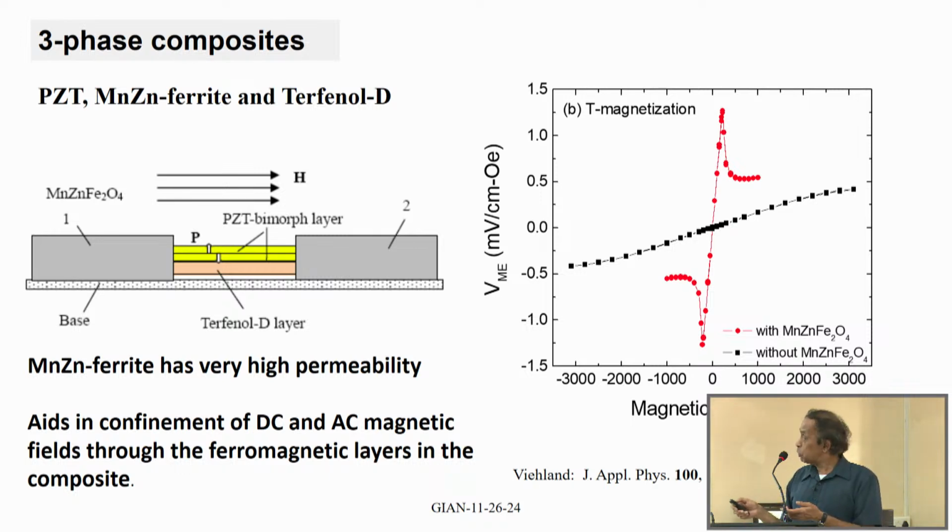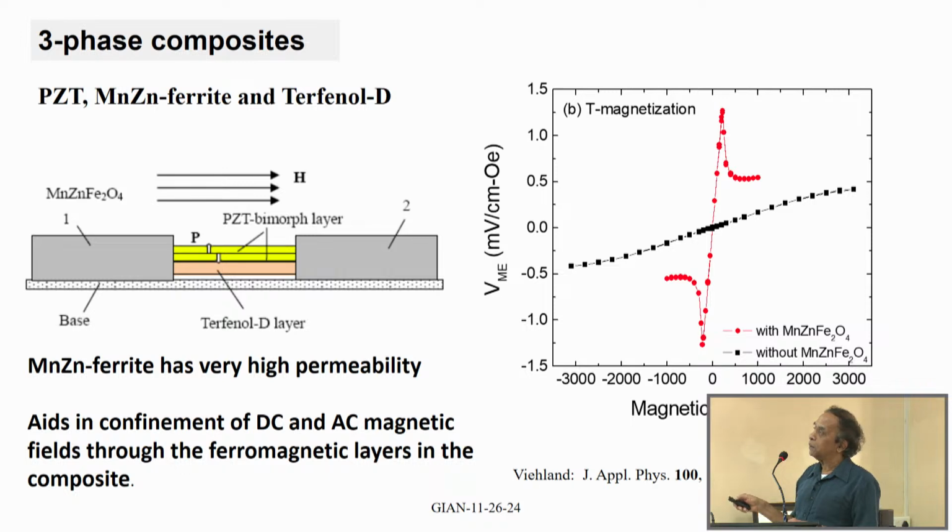That is what is shown here in this data. Without the manganese zinc ferrite, you see a very shallow change in the voltage coefficient with changing bias field or constant AC field.